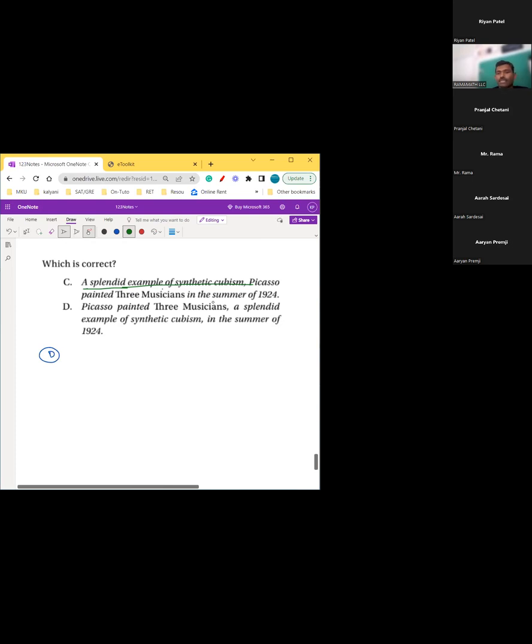Since that modifies the second noun, choice D is the best answer. Very clear? So if you look at the appositive phrase, a splendid example of synthetic cubism, what's going to be modified? If the answer to the question is what is the three musicians, rather than who was Picasso, since it modifies the second noun, not the first one, D is the best choice in these cases.